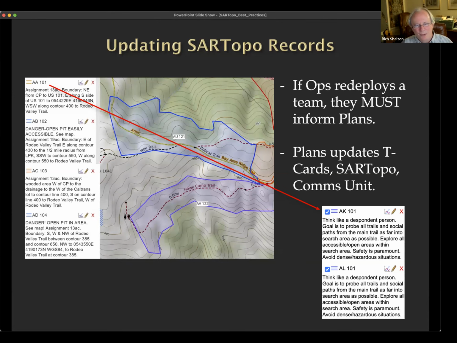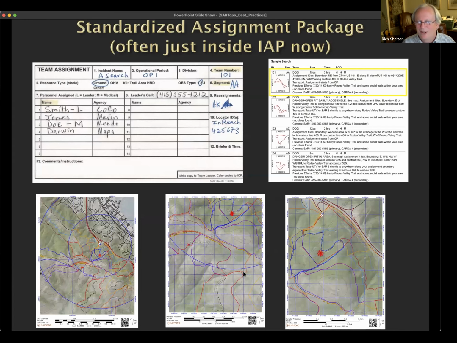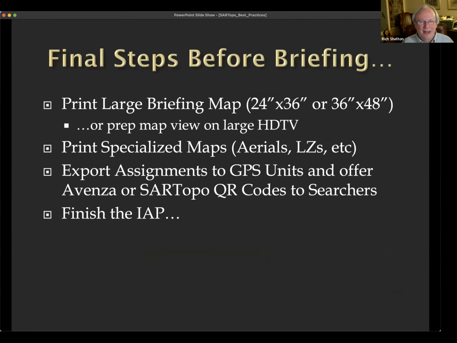Your job is to watch everybody who's getting briefed and going out and make sure that the operations chief or whoever's doing the briefing is telling you exactly who's going out to what segment, and you get a good record of it. It works really well for us. We've been super happy overall with this approach, even though I fought it tooth and nail in the beginning. Matt was right.